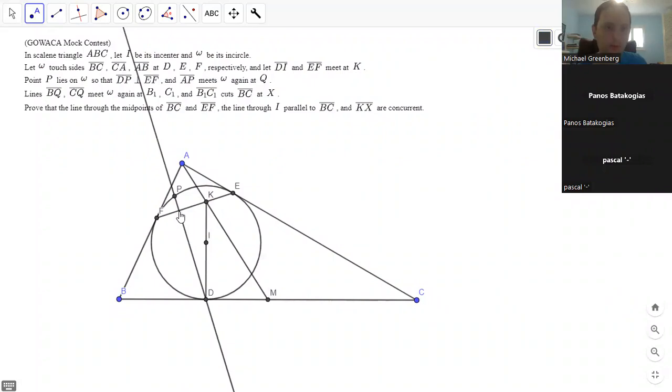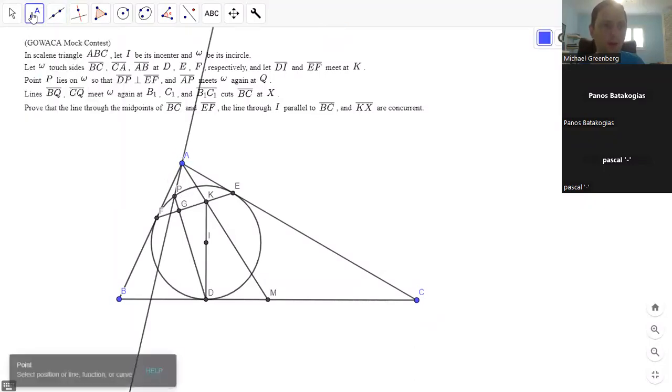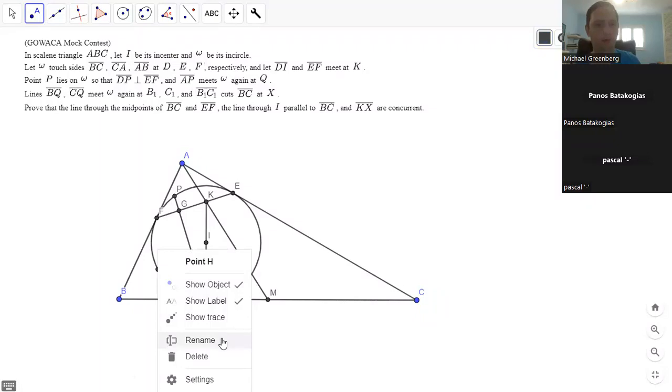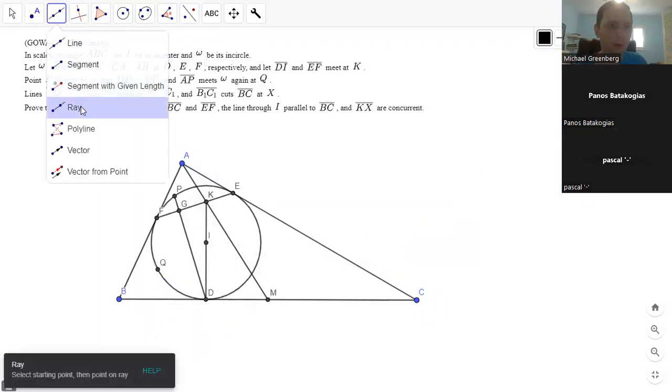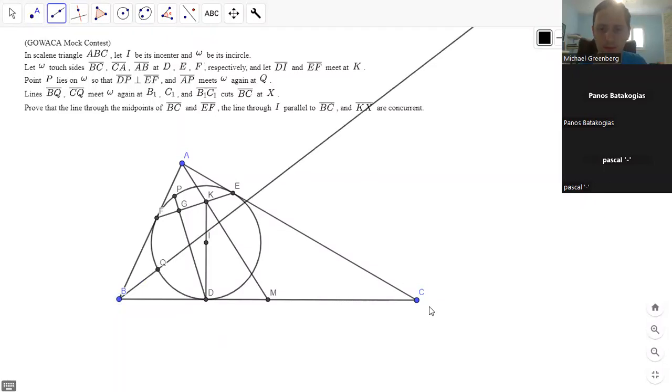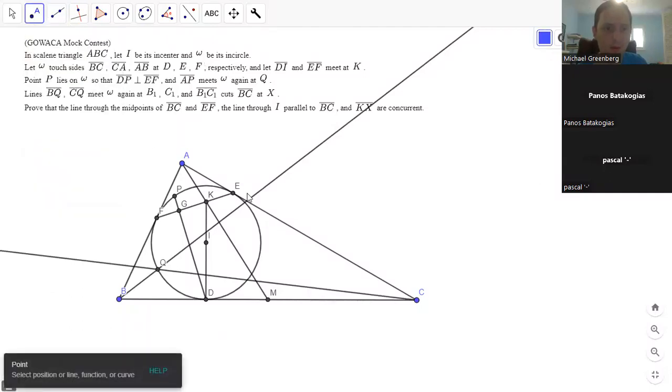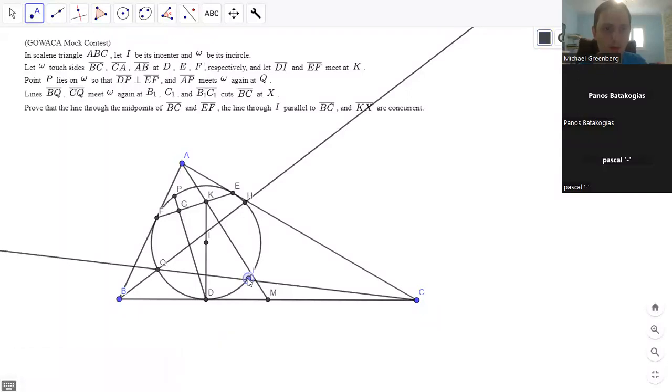AP meets omega again at Q. And then BQ and CQ meet the incircle at B1 and C1, and then B1C1 cuts BC at X. This is a lot of points.